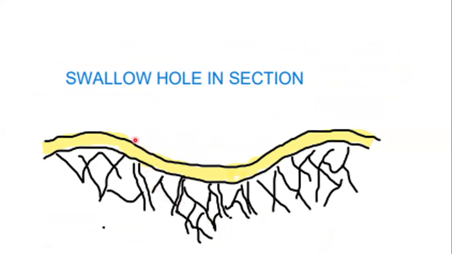Small to medium-sized, sub-rounded, shallow depressions are found on the surface of the limestone regions through the process of solution. Process of solution forms shallow depressions, which are known as the swallow holes.